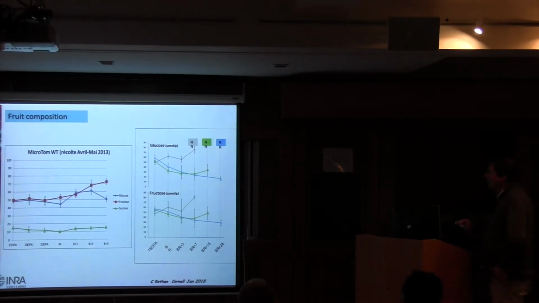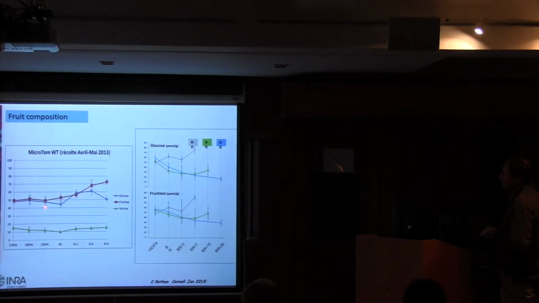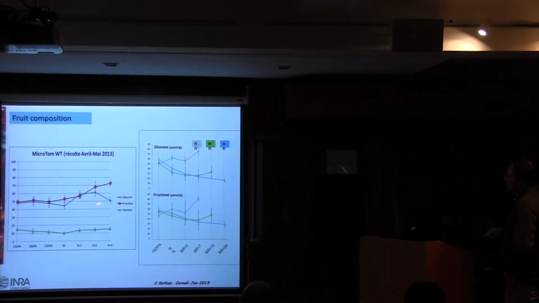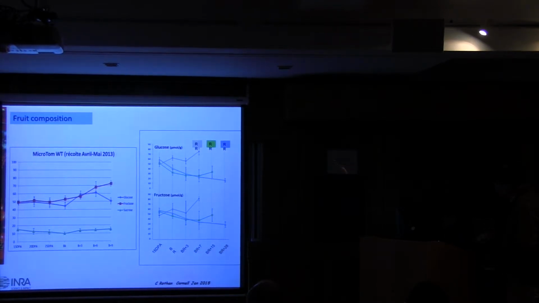We have been looking, before that, a bit more in detail. Tomato fruit normally accumulates soluble sugars. This is wild type, we accumulate soluble sugars. These are mutant lines, and clearly fruit composition is different. We don't accumulate glucose or fructose.